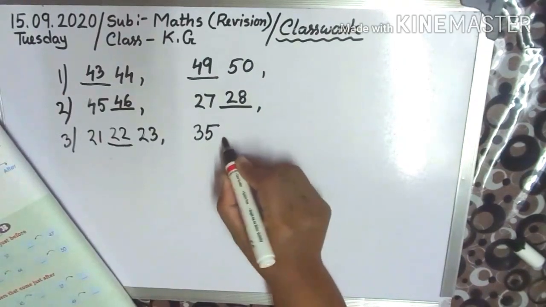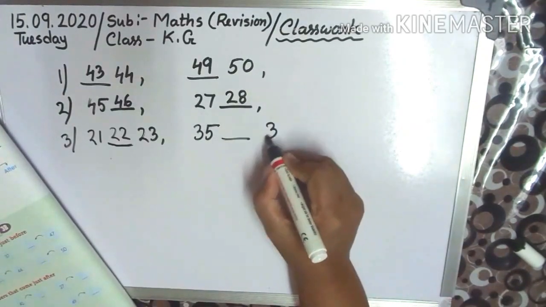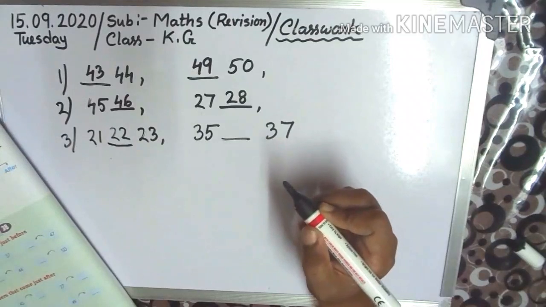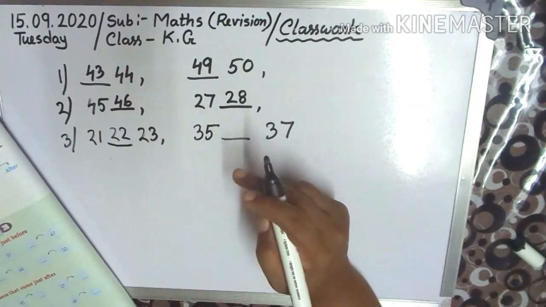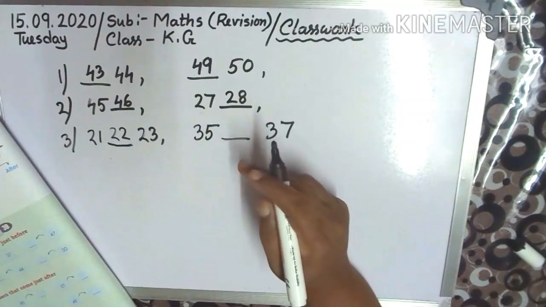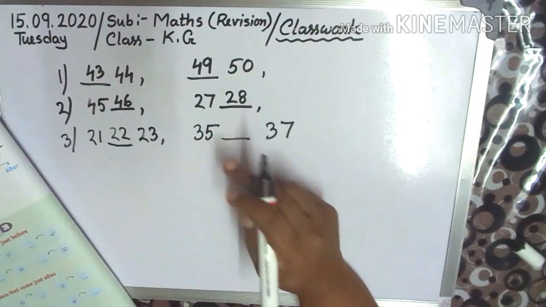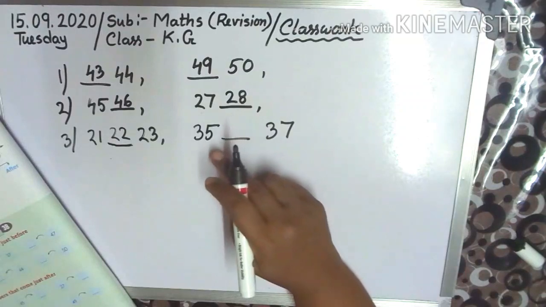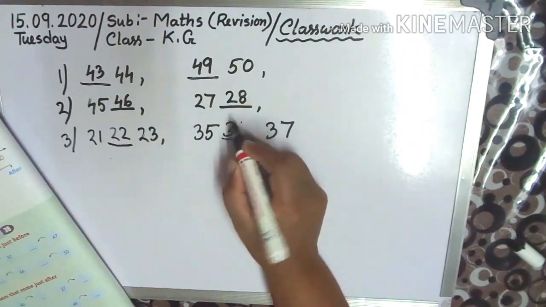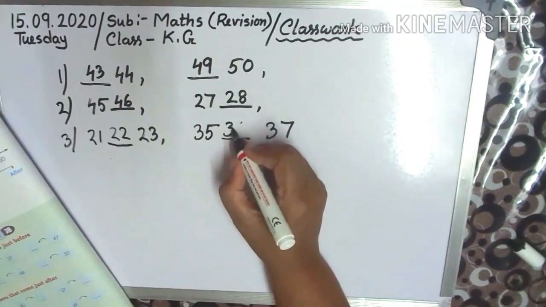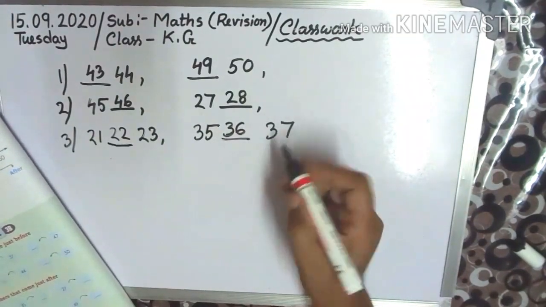Next question, 35, 37. So see, 35, 36. So 36 comes in between 35, 36. So write here 36. Okay.